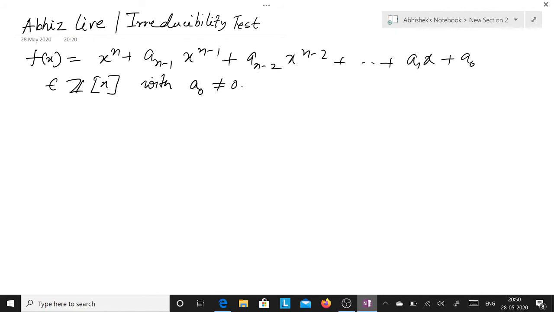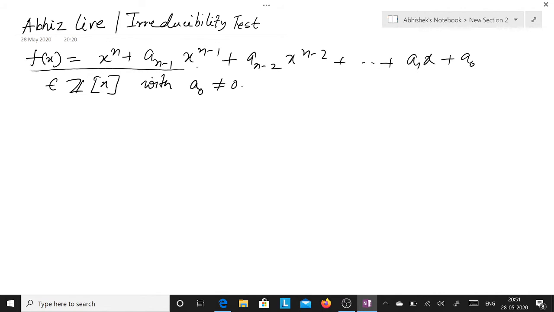So I would like to recall the statement of the theorem that I have already discussed, which was: let f(x) be a polynomial x^n + a_{n-1} x^{n-1} + a_{n-2} x^{n-2} + ... + a_1 x + a_0, where the coefficients have been taken from the ring of integers.